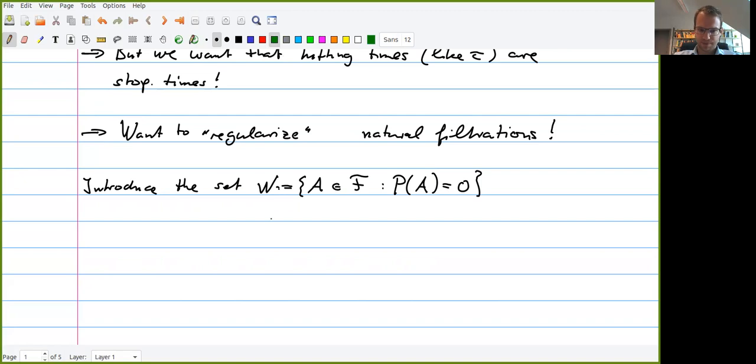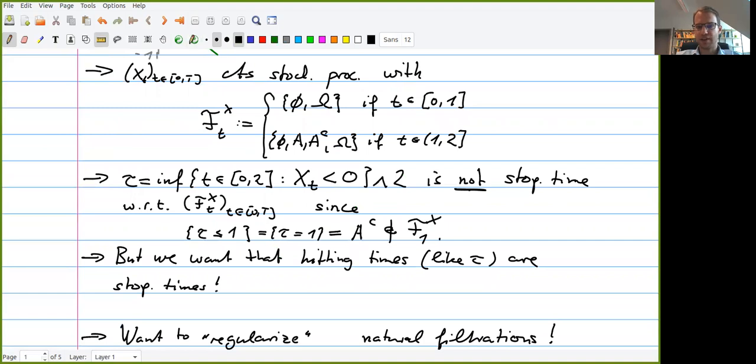This is what we call the set of P null sets. Okay. The second thing we want to make sure of is that our natural filtration is right continuous, which is here not the case. If you look at the counterexample here, you see this filtration somehow has a sudden increase.